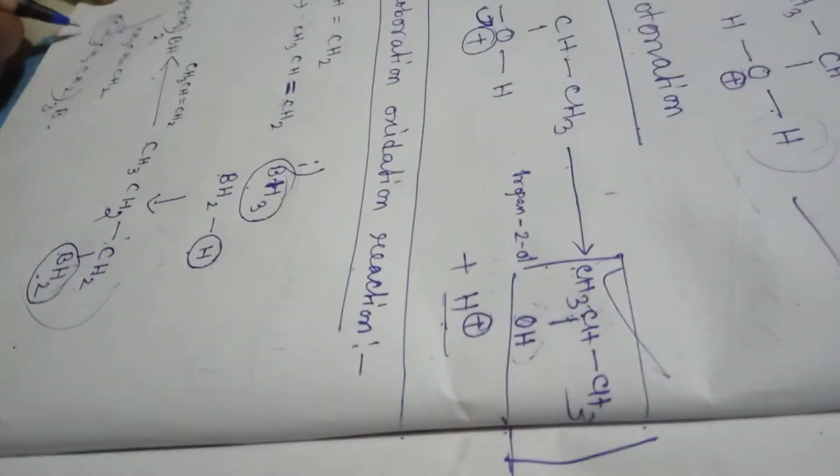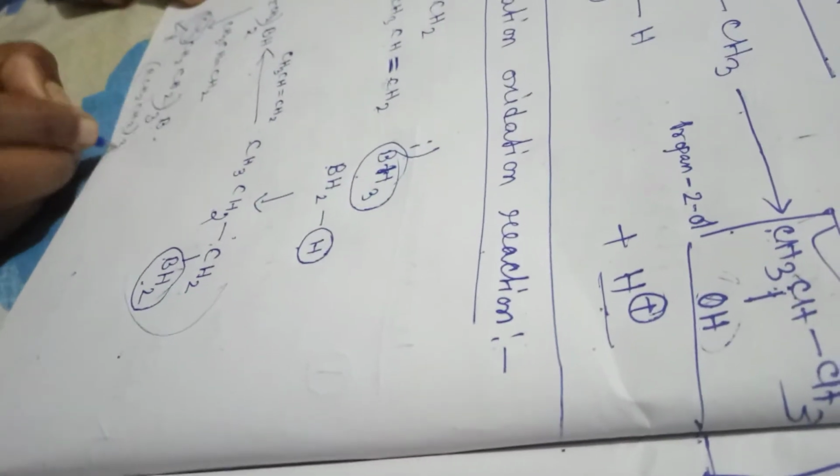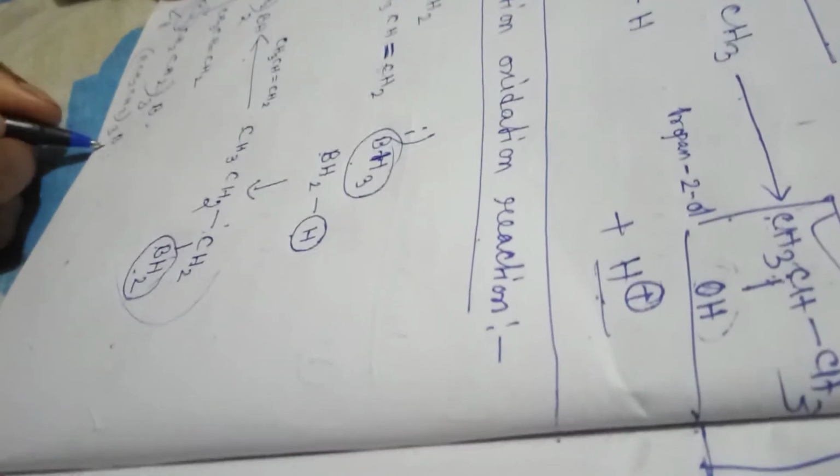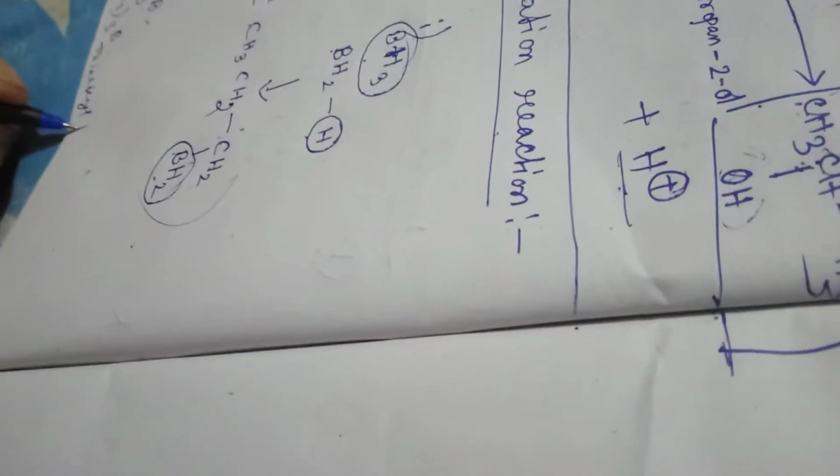If you take any alkyl group R, it will be (RCH2 CH2) whole thrice B. This is called trialkyl boron.